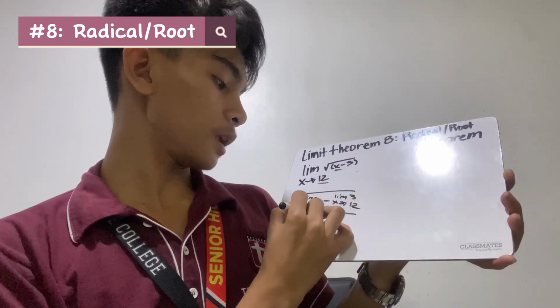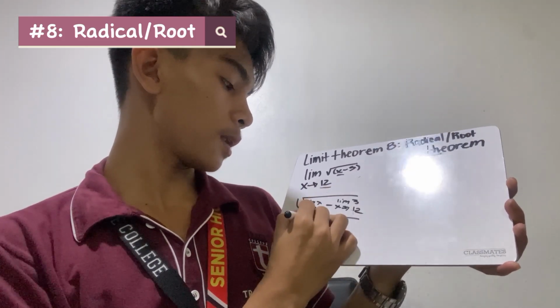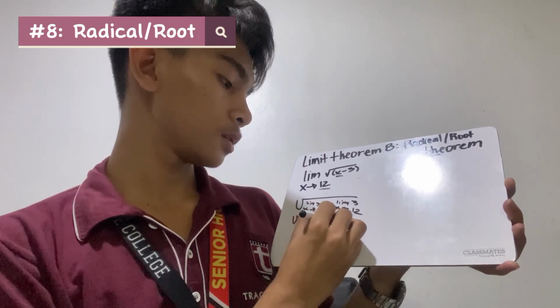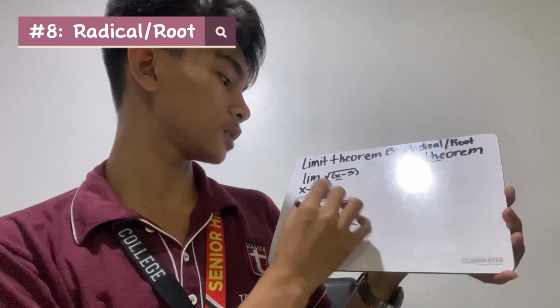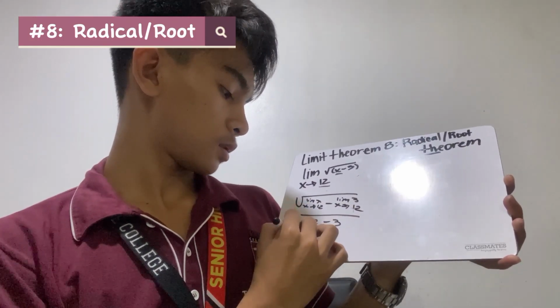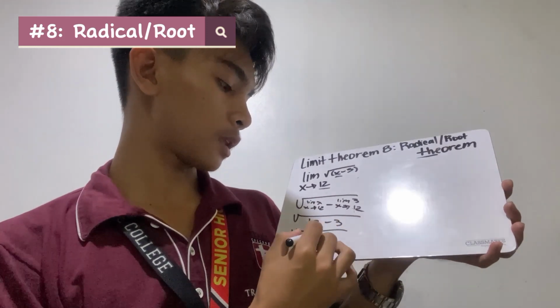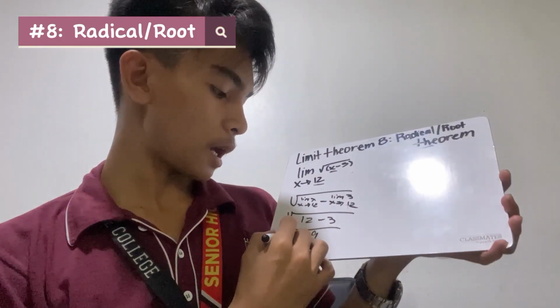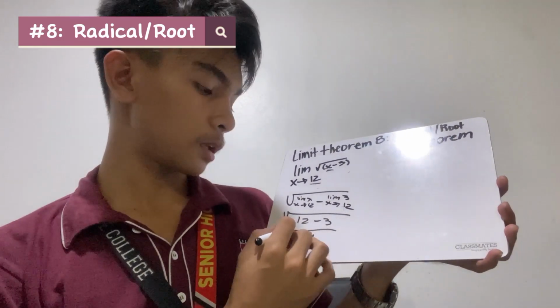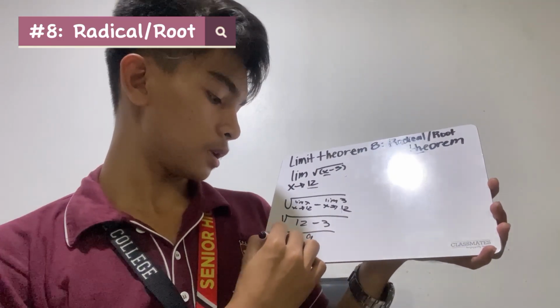Tas 12 minus 3. Kukunin mo lang yung 12 minus 3. Then square root ulit. 12 minus 3 is 9. At ano ang square root ng 9? Ang square root ng 9 ay 3.